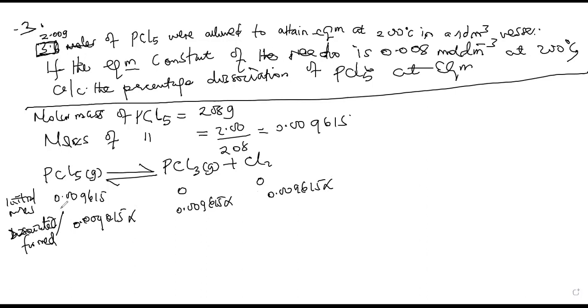But you can get moles at equilibrium. Equilibrium moles will be, this is common because it is this time subtracted, 0.009615 into 1 minus alpha. Then this is the same.